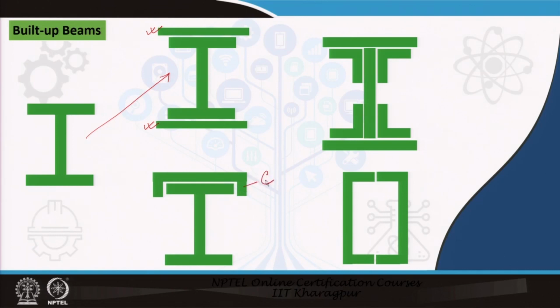We can go with some kind of angle sections and the plate. These are the plates, or two channels can be put together to make a box section kind of a thing. Okay. So, like that there are ample ways to go for a geometrical construction of those different sections and different kinds of built up beams.